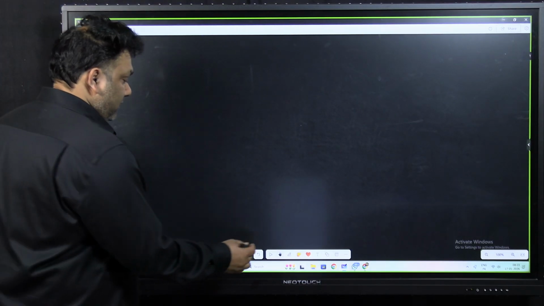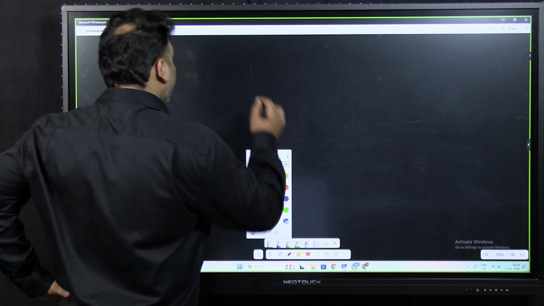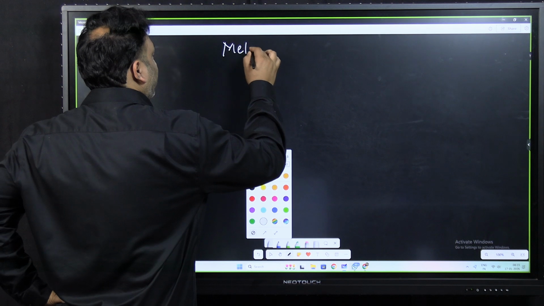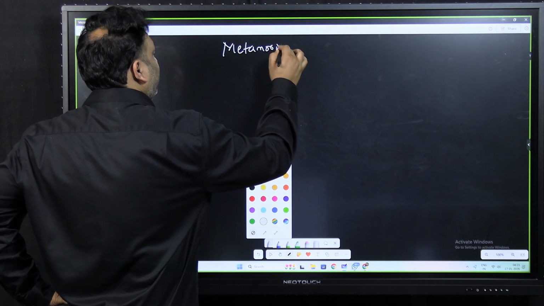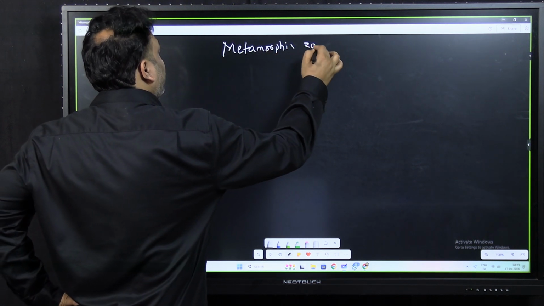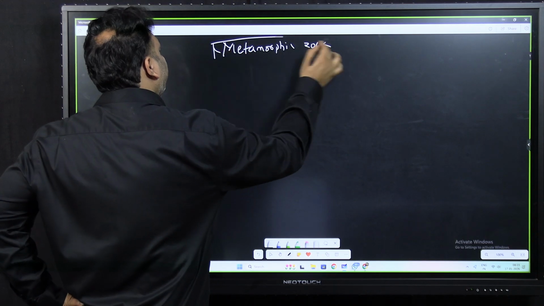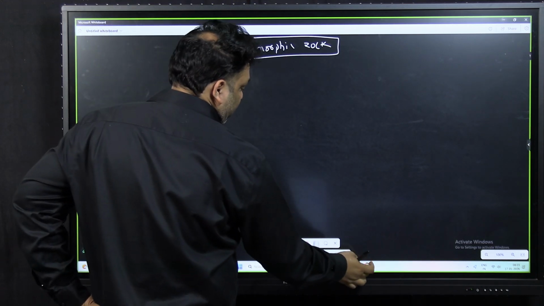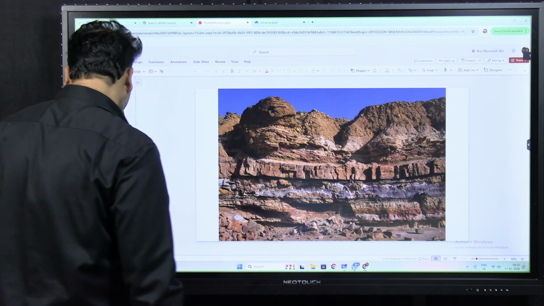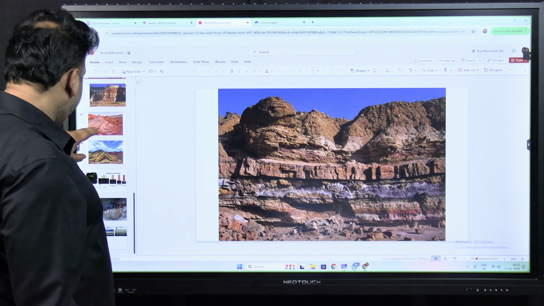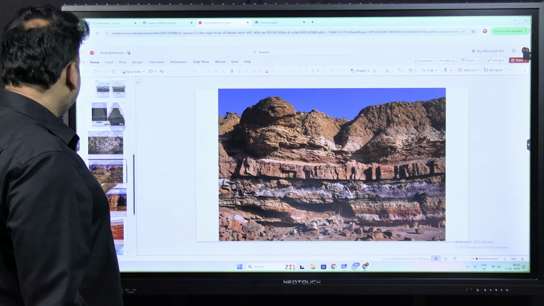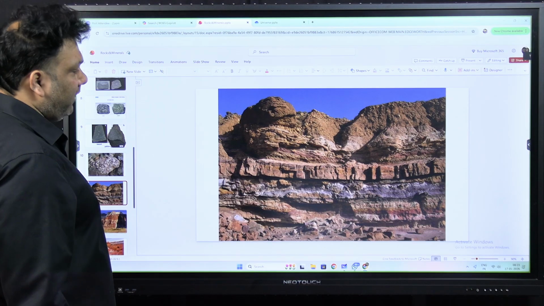Next is the metamorphic rock. See, metamorphosis means change. Something is undergoing change. For example, you have an igneous rock or a sedimentary rock. For example, you have this sedimentary rock.